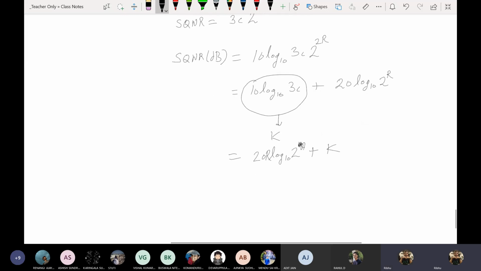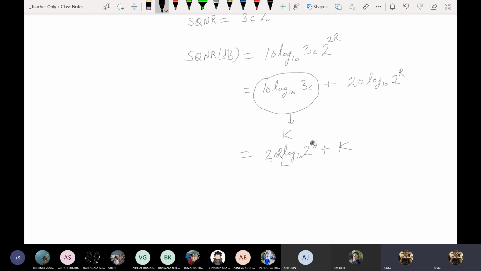But we know that log 10 of 2 approximately equals 0.3. I multiplied that 10 as well.